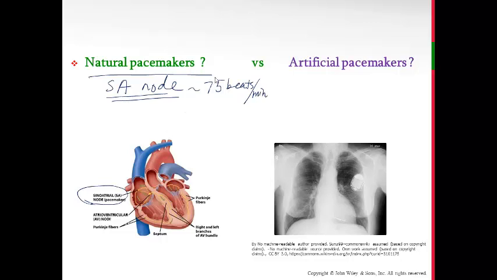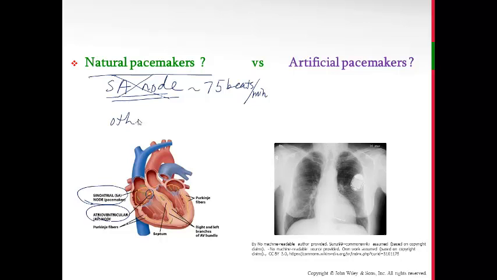Now, sometimes your SA node is not working properly. If the SA node goes, what happens? That means the pacemaker is gone, right? Then, yes, your second one can actually pick up, but they're not working that great.